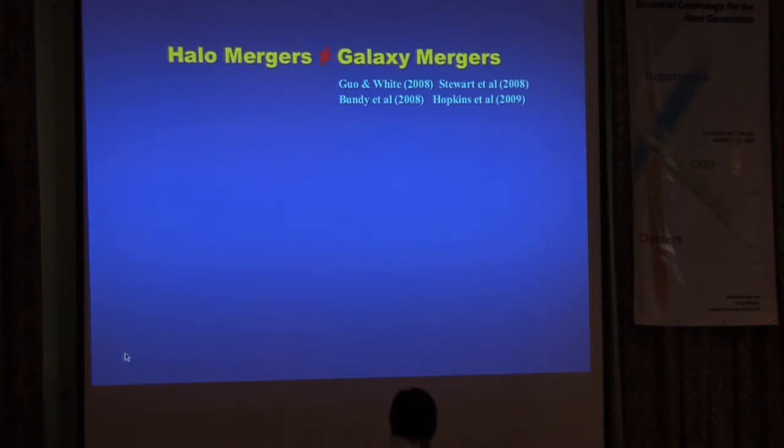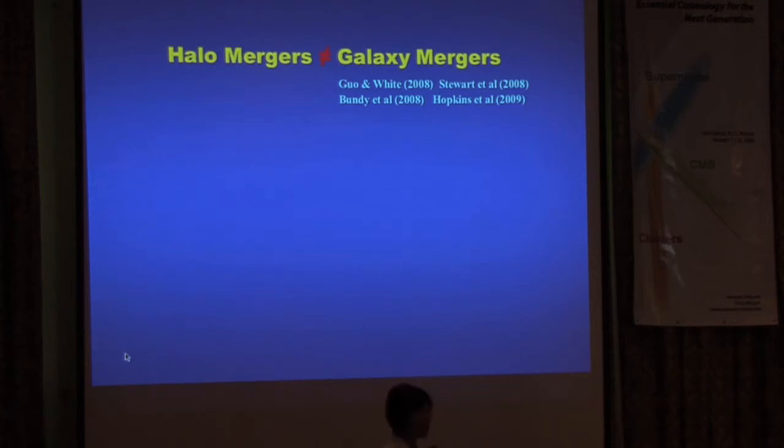I just want to highlight a few recent papers. Stewart and Hopkins, an upcoming paper, use our halo merger rate, and then you can assume a halo occupation number to assign galaxies within the halo, and then you can assign a time scale for the merger.